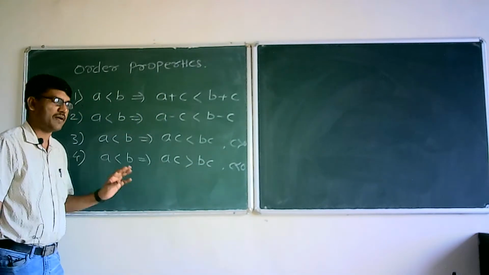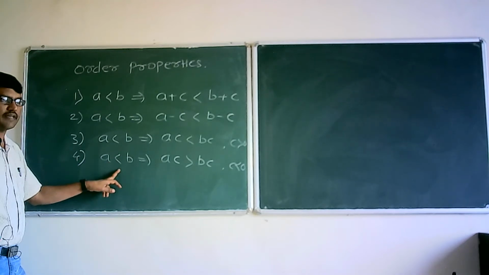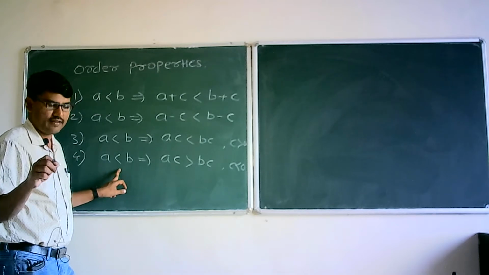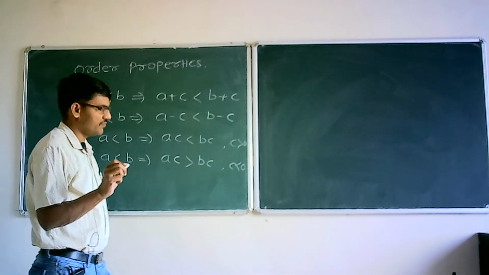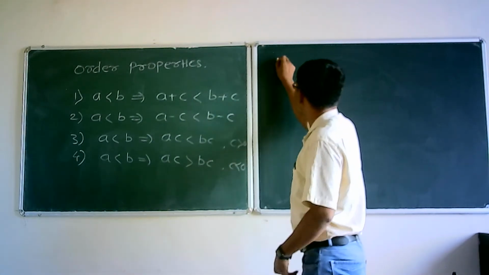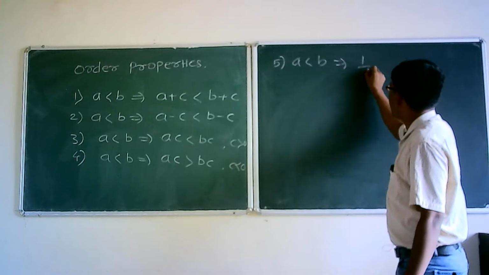Means what? If you multiply by a negative number, then the sign will change. If it is less than, it is converted to greater than, or if it is greater than, it is converted to less than. Then the next, number five, if a < b, then 1/a > 1/b.